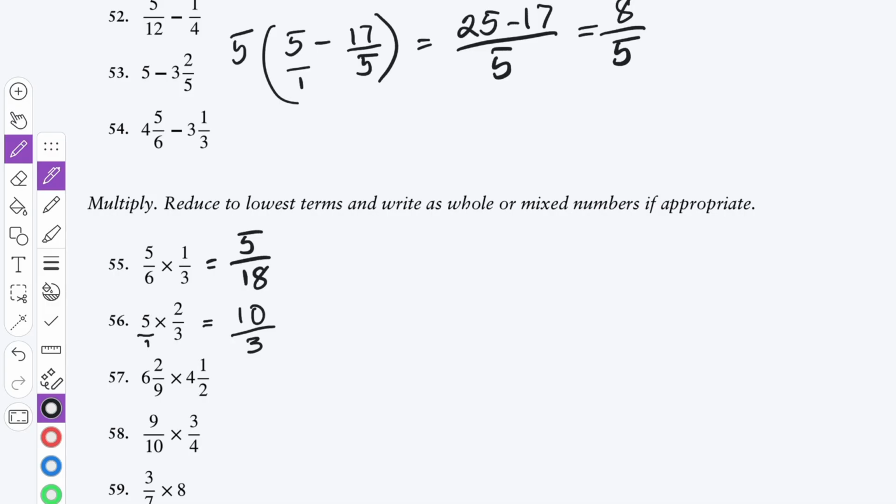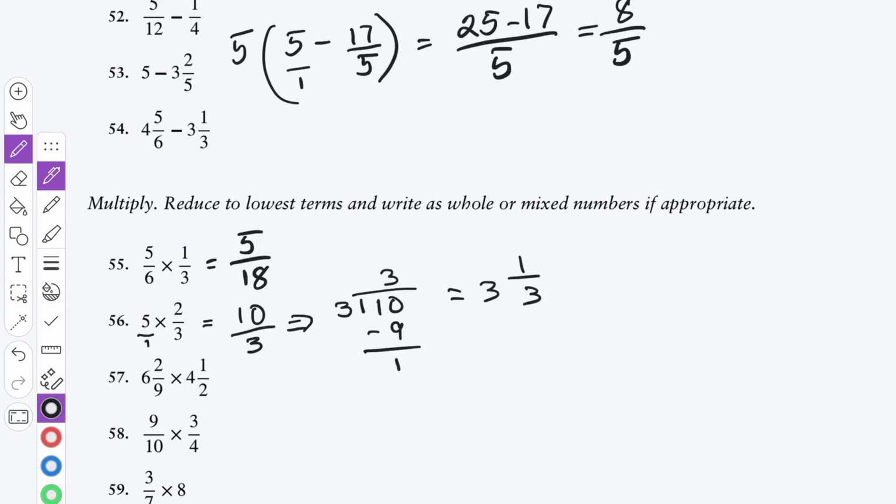And then it says we need to reduce to lowest terms and write as a whole number or mixed number if appropriate. So if we want to change this to a mixed number, we just divide. So we get 3 here, 9, 1. So this is 3 and a third.